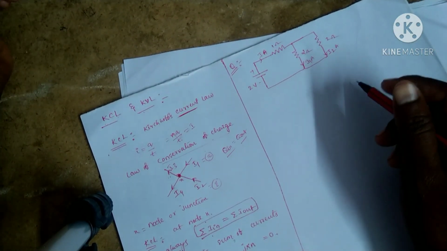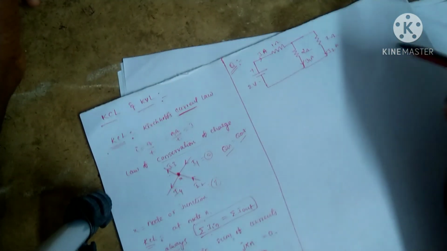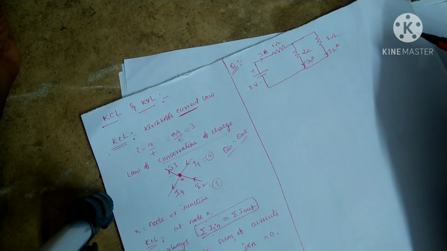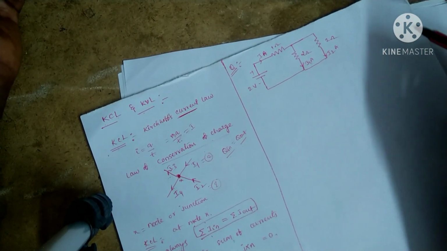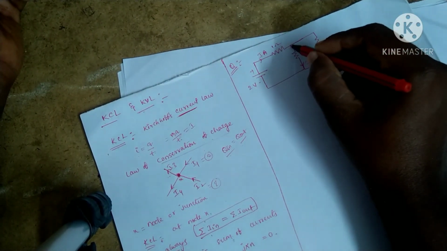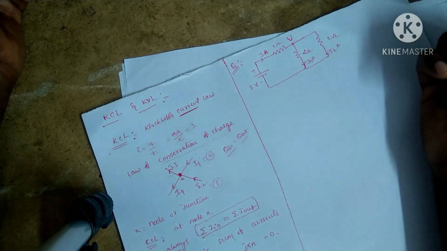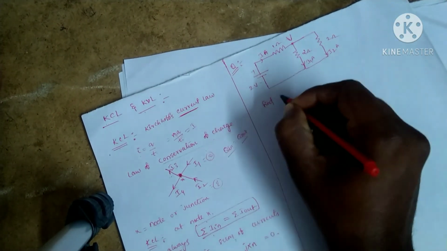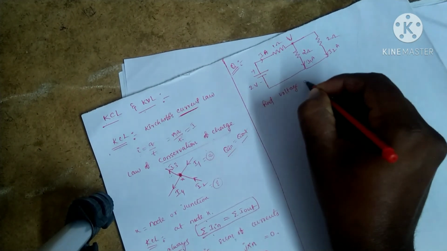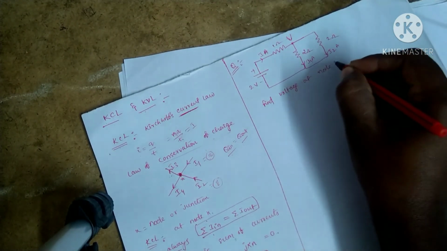See here, I draw a simple circuit, which contains 3 resistors and 1 voltage source, 2 volts. In the circuit, I want to find the currents I1, I2 and I, or the voltage V. Find the voltage at node x.